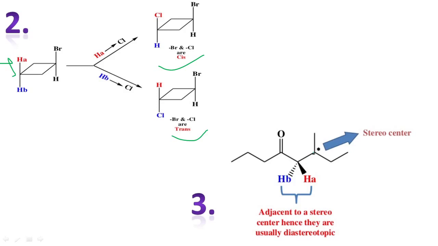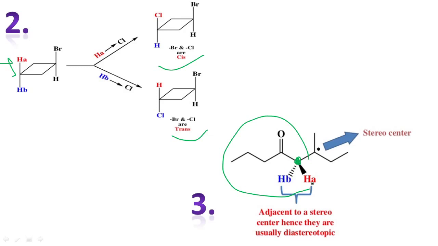On the right hand side there is an ethyl group, methyl group, and this whole thing. So this is a chiral center, and adjacent to this is a carbon. This is also a pro-chiral carbon. Just imagine if you replace any one of the hydrogens, this carbon will become chiral. So this is a pro-chiral center.